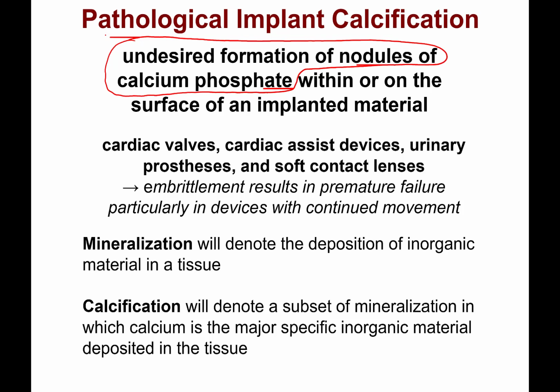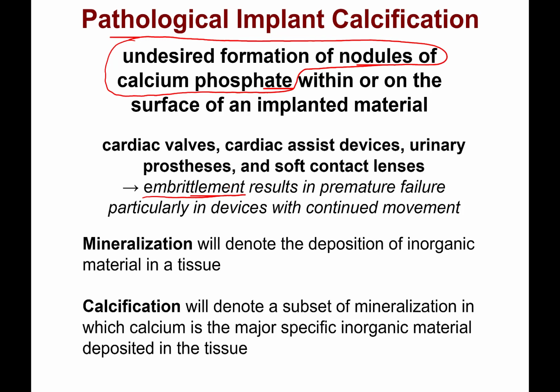It's also been observed with urinary prostheses, so catheters, and soft contact lenses. And what's really important to take away, again, is that this calcification results in embrittlement of these devices. And that embrittlement is going to compromise their mechanical integrity and result in premature failure of the device.